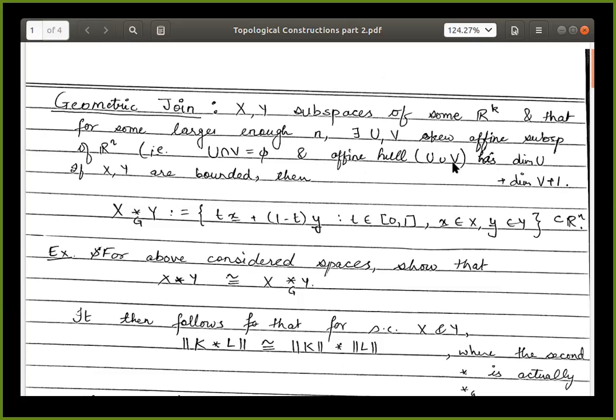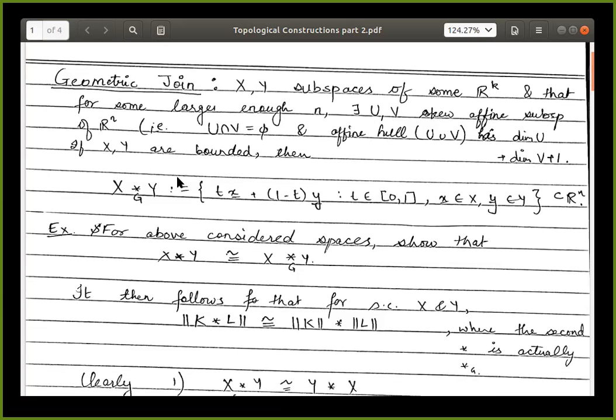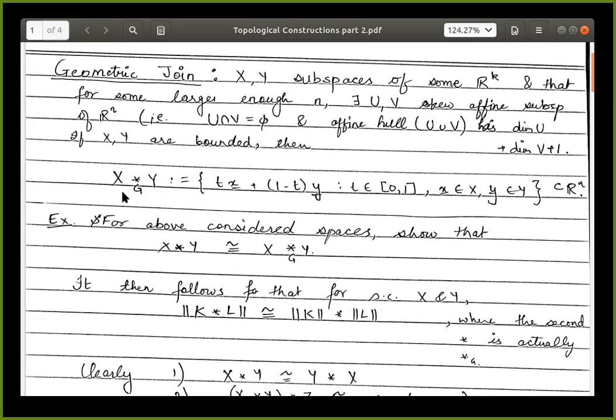So there is no redundancy when you take the affine hull of U and V. If you have such spaces U and V for your bounded spaces X and Y, we define their geometric join, with this notation, X geometric join Y, to be the collection of all points of this form: you take a point from X, a point from Y, and put the line joining the point x with y. This is a set in R^n, and it is defined as the geometric join of X and Y.